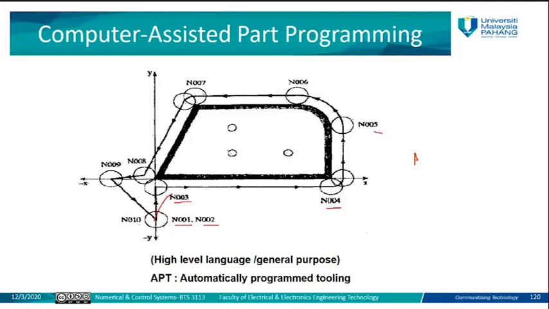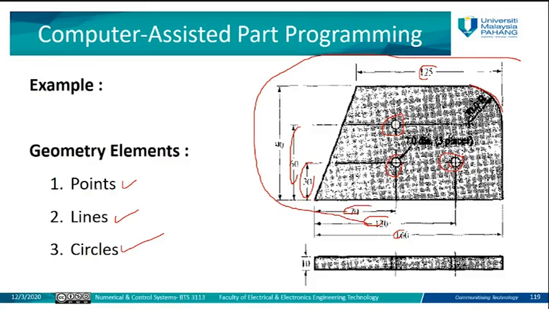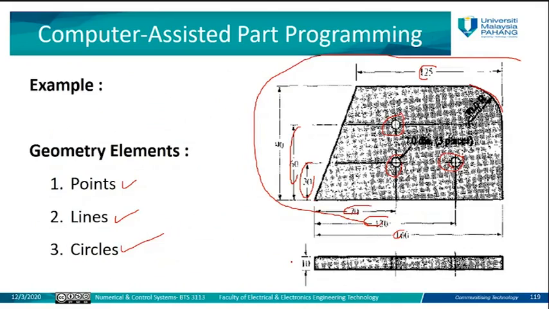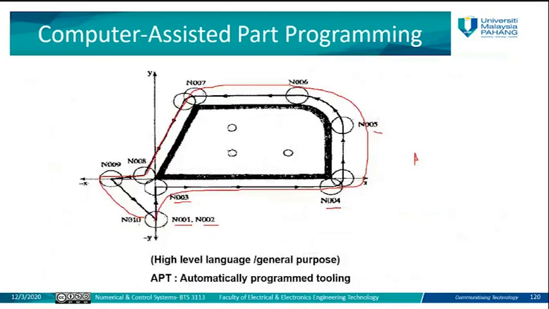That means this will be the path or the sequence of the path to accomplish the task by the machine. So the two parts, the geometry and the sequence, define the geometry and specify the tool path and operation sequence for the machine. These two parts will be done by the programmer, the human who works on developing this program for the CNC machine.